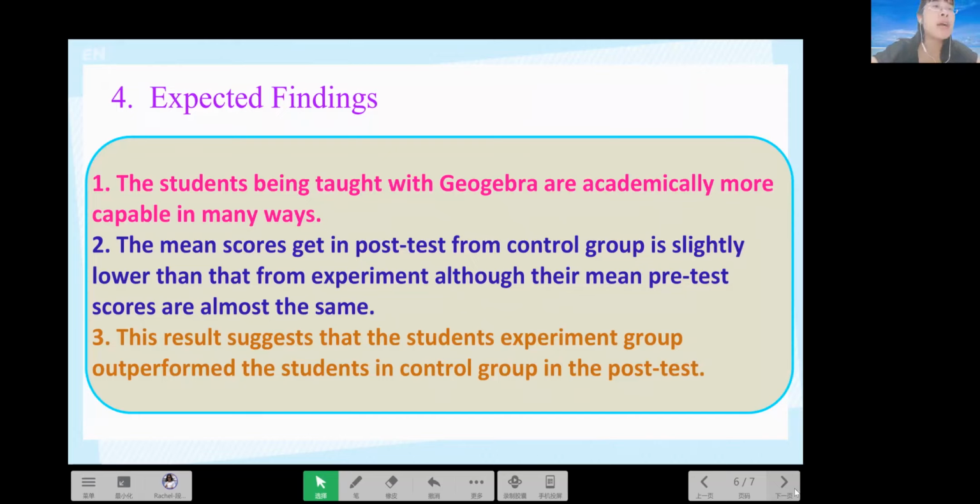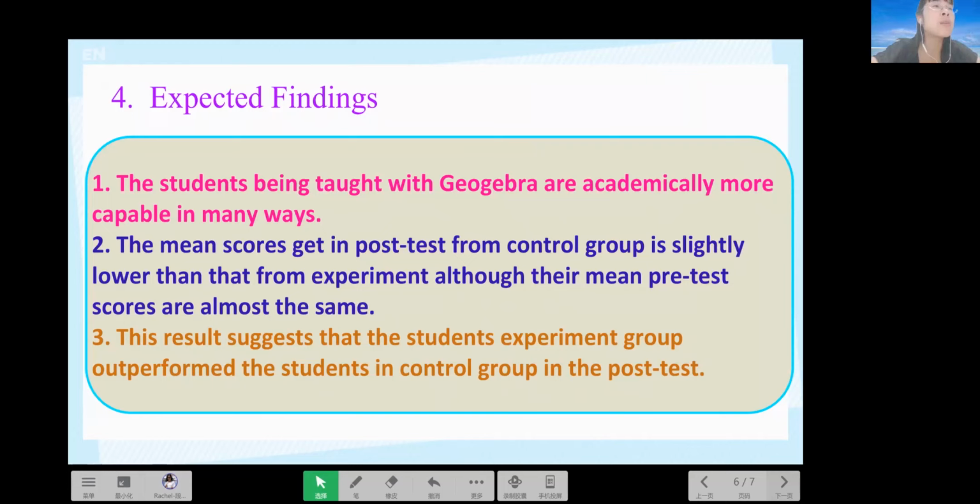They are better at conjecturing corresponding graphs and diagrams in their mind, and faster in responding to the questions proposed by teachers. The goal of fostering mathematical learning can be achieved through using GeoGebra in class.